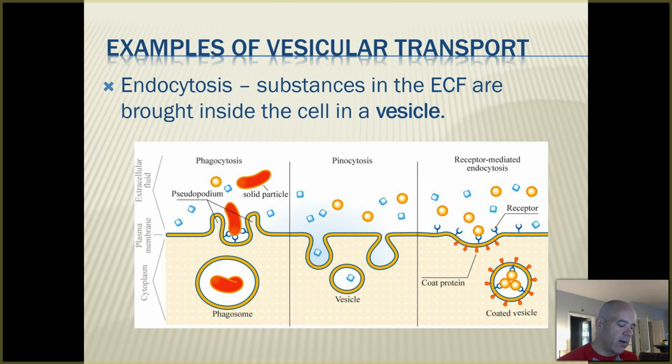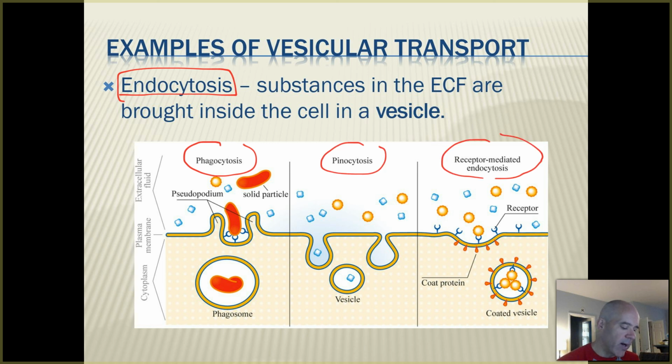All right, so with endocytosis, there are 3 types depicted here. We're not going to get too heavy duty into this. You'll hear about these on occasion in biology. You'll especially hear about the first one over here, phagocytosis, P-H-A-G-O, cytosis.